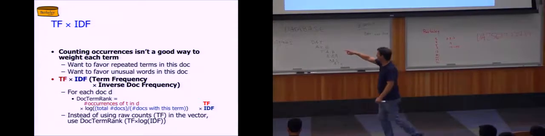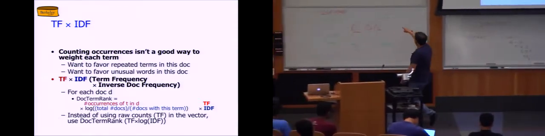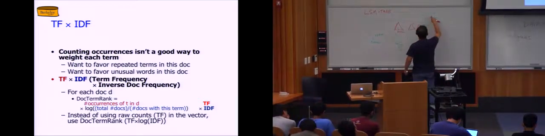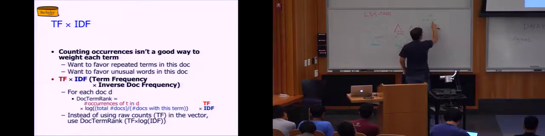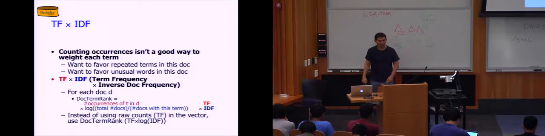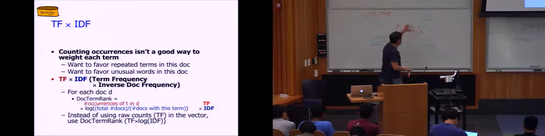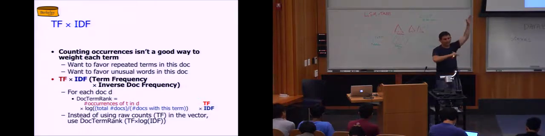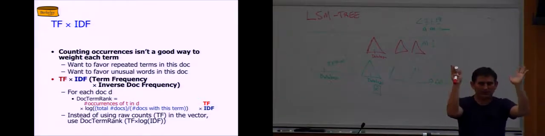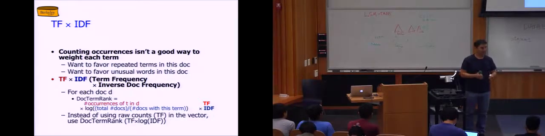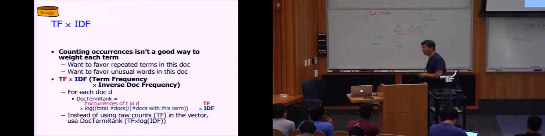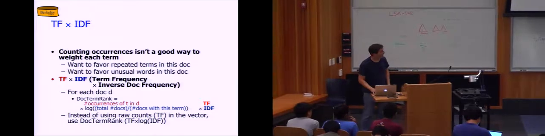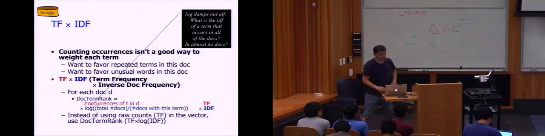Take this vector like we had before, and instead of storing these counts, multiply them by the log of the IDF of the term that they belong to. And then this is the vector for the document. Then do your thing where you normalize it, put it on the sphere, and compute the cosine similarity. And that pretty much was state-of-the-art till the web was invented.